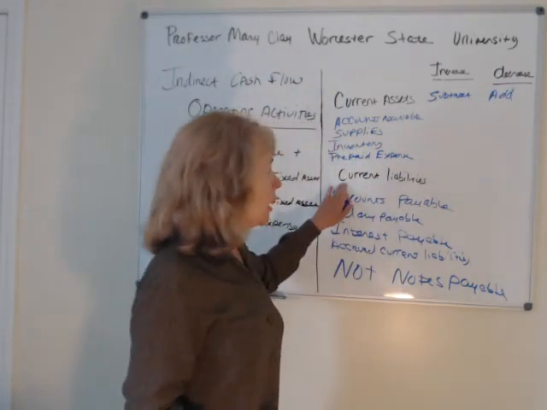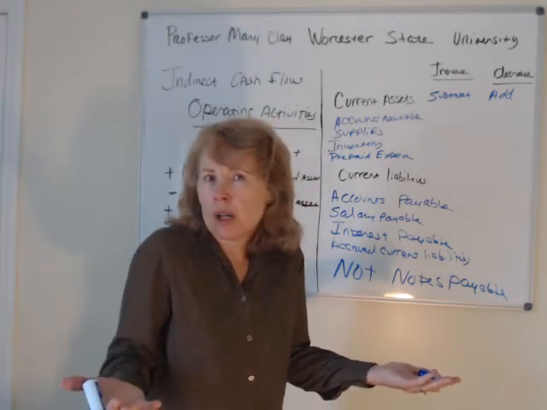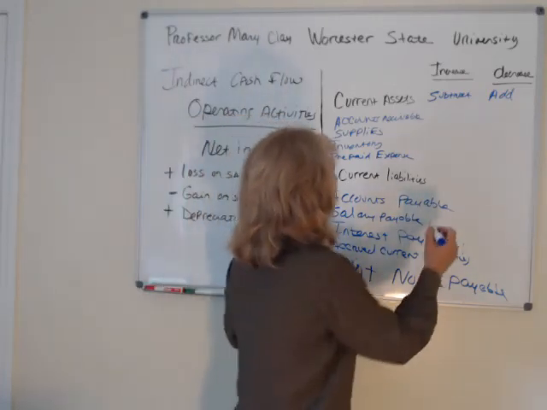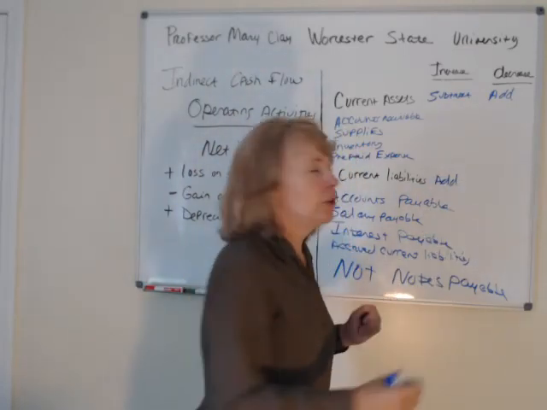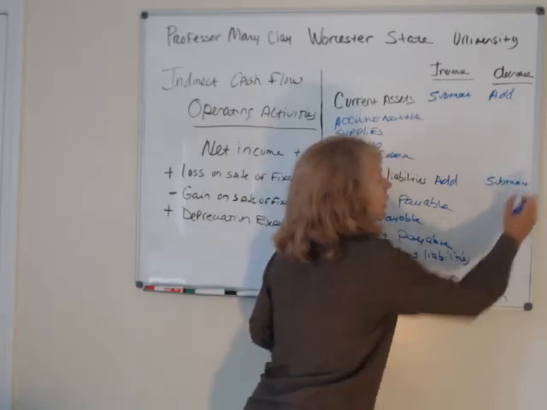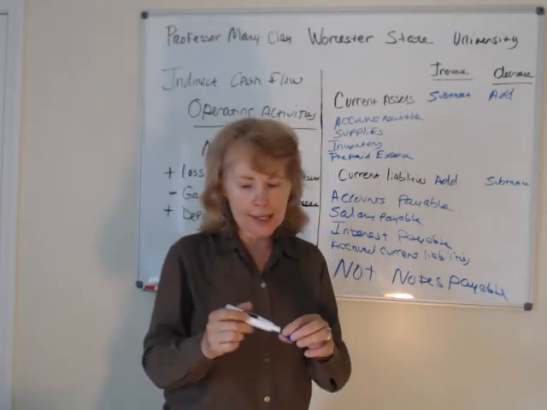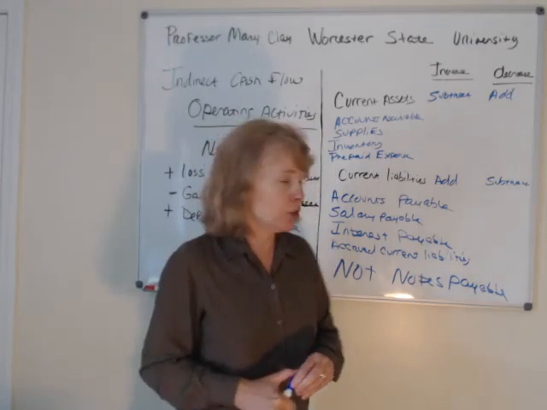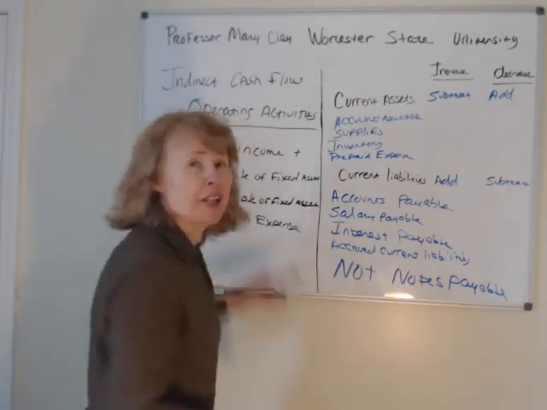Okay, current liabilities, if they increase, they're logical, so you're going to add. If they decrease, you're going to subtract. Okay, this only works if you know what a current asset is and a current liability is. If you don't, it's not going to work. Okay? All right, now let me finish this.